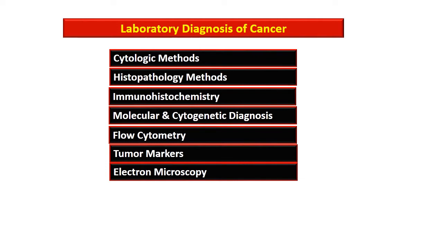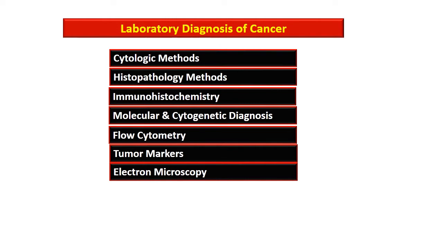These are the cytologic methods, when you study the cells of the body or cells of the suspected tumor. Then the histopathology method, immunohistochemical staining or immunohistochemistry.